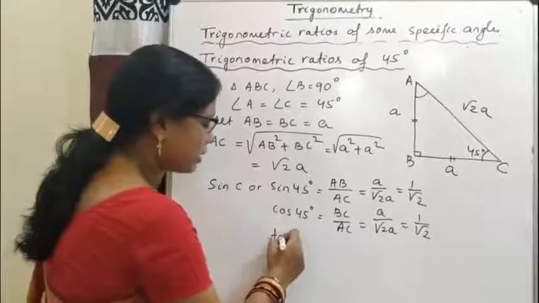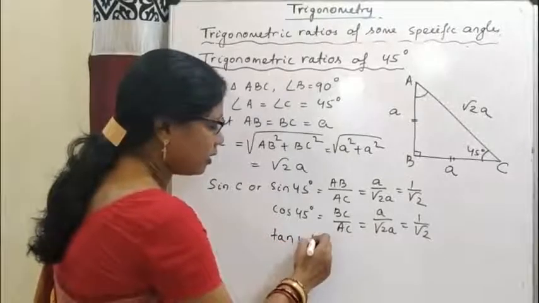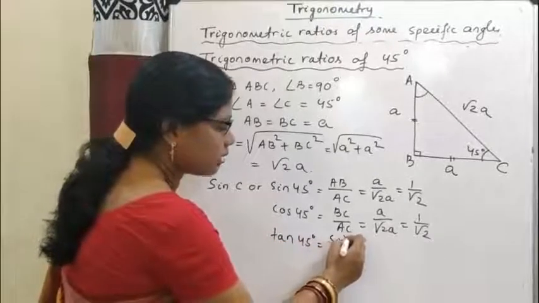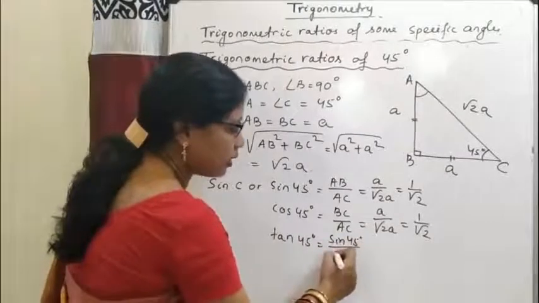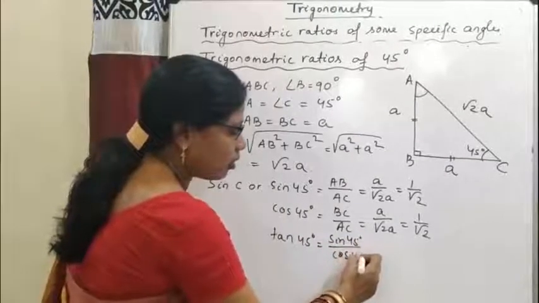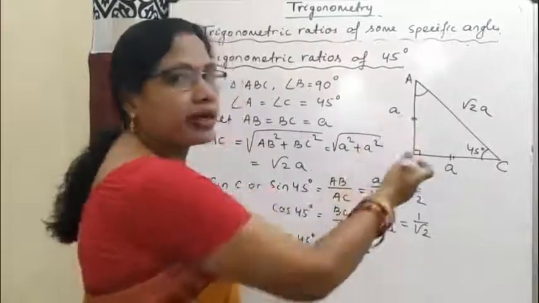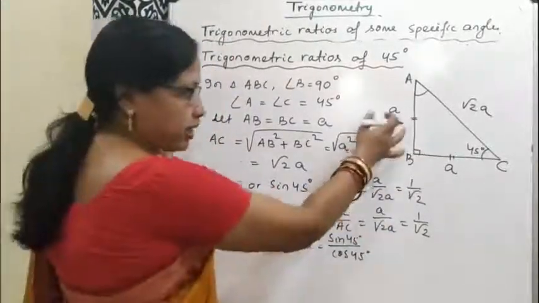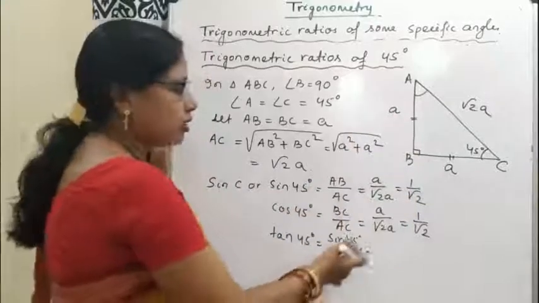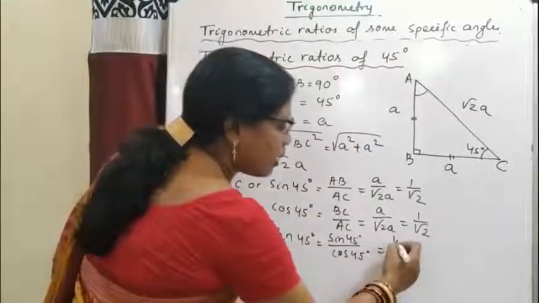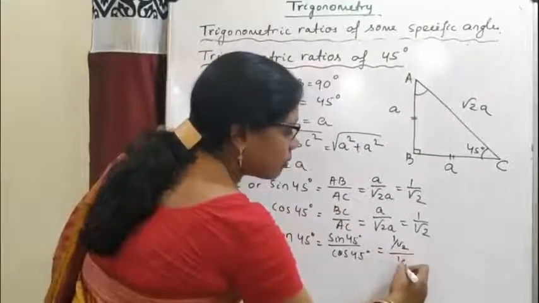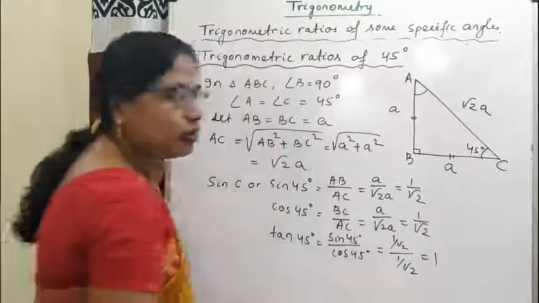The tan 45 degree is equal to sine 45 by cos 45. Or we can find tan 45 as opposite side divided by adjacent side, that is a by a, equal to 1. Here also 1 by root 2 divided by 1 by root 2 is equal to 1.